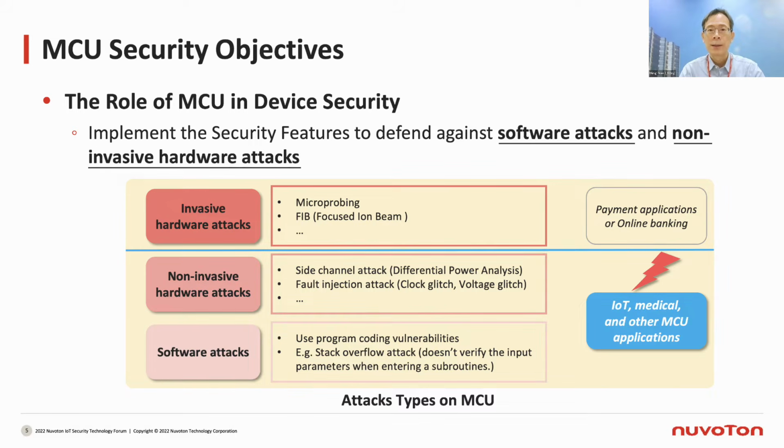Most of the attacks encountered on IoT devices are software attacks, side-channel attacks, and fault injection attacks. Therefore, MCUs need to integrate appropriate security features to defend against these attacks to protect data.